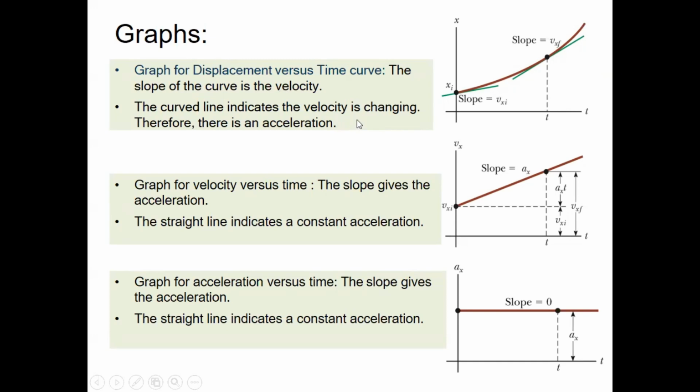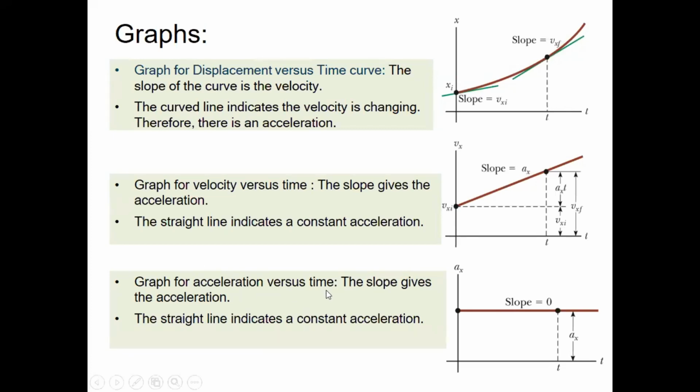The graph of velocity versus time is shown in the second part, and the slope gives us the acceleration because this is the velocity as a function of time. Here the straight line indicates that we have a constant acceleration. Although there is an increase in velocity, the acceleration is constant because the slope is not changing.